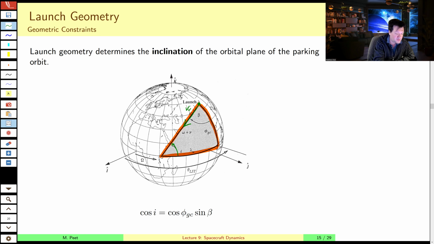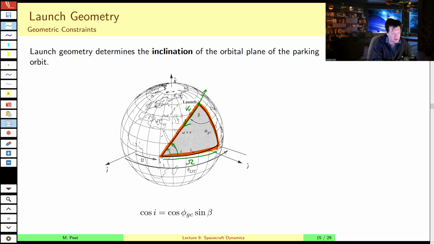And we have a spherical triangle. Assuming that was the ascending node, this is going to give us something like the right ascension. Not exactly, but it's going to be related to right ascension. And then, of course, the inclination of the orbit, if we were launching this direction, is this angle right here.